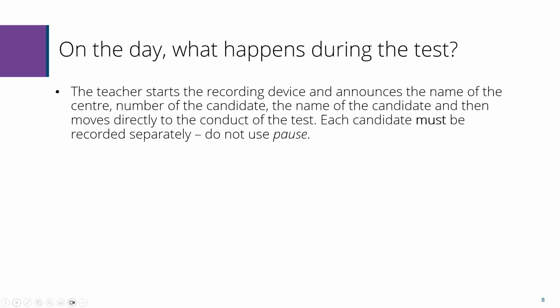You need to record the whole of each candidate's test, and then you stop the recording, and then you start a new recording file for the next candidate. Again, this is most important because each candidate's work needs to be kept separate in the same way that when they do a written exam in the hall, each candidate writes on a separate exam book. We're not sharing anything, we're not putting anything together. So do make sure that that happens.